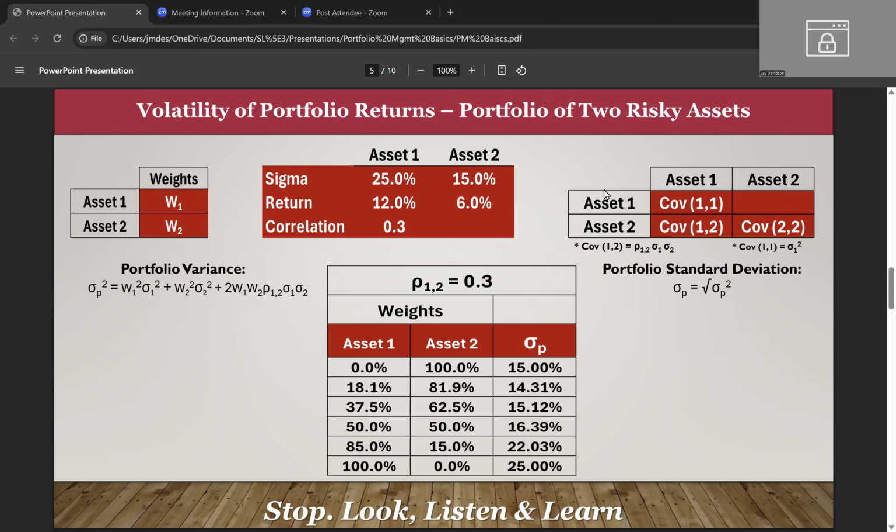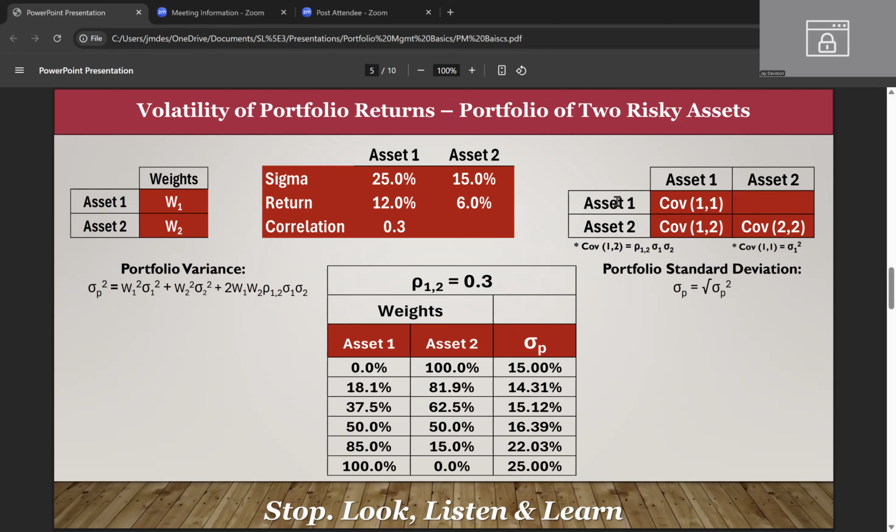So first we're going to look at, how will the return of asset one vary? And that's going to be the covariance of asset one with itself, right? And that is what we refer to as the variance. So we're going to be looking at the variance of asset one, because that's going to give us some sense of and contribute to the overall variance of the portfolio.